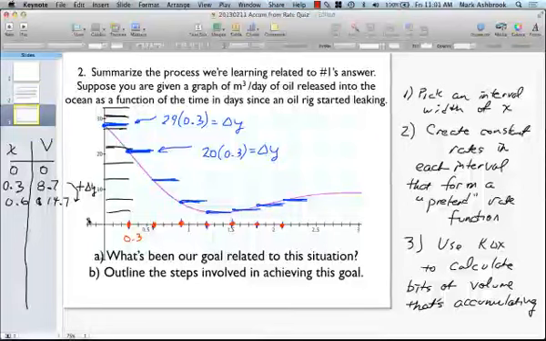Jonathan? Smaller steps, smaller intervals. Smaller intervals will create a pretend function that better matches the actual function, right? The smaller you make your intervals, the better the pretend rate function will be at recreating the actual function.